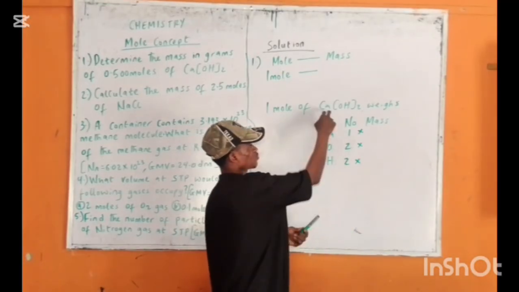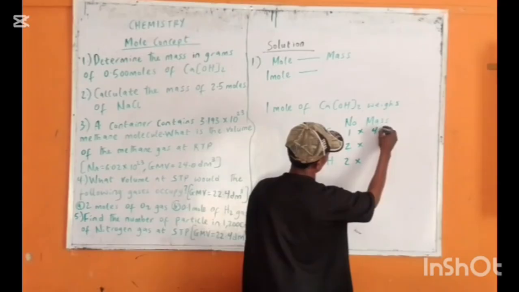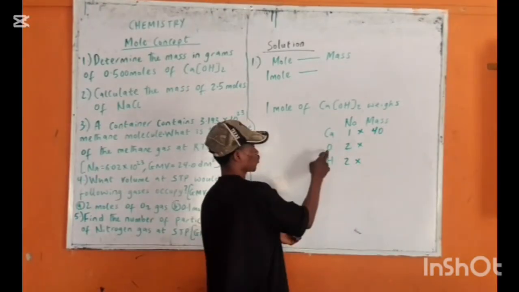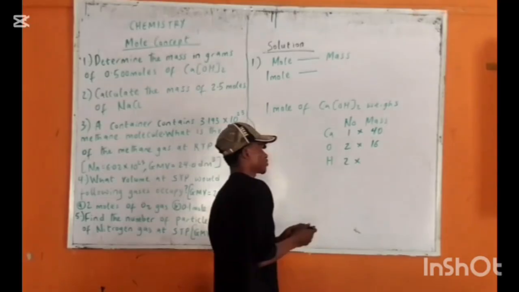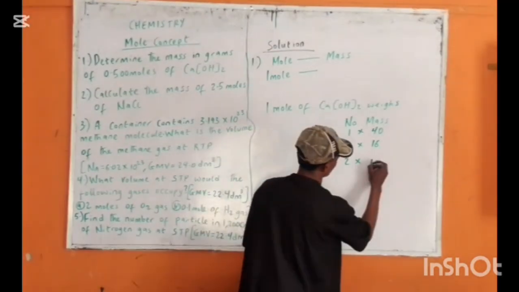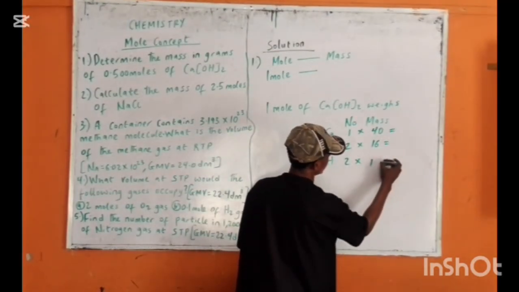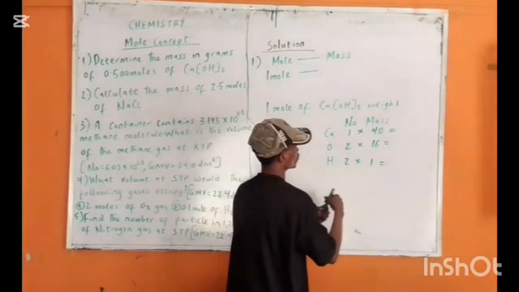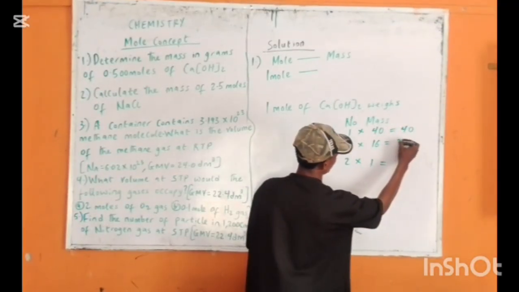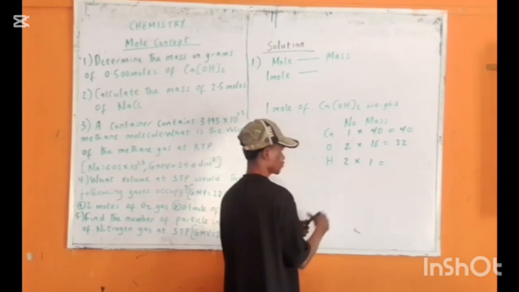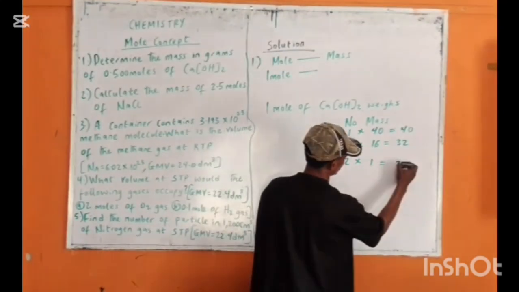What's the mass of calcium? 40. What's the mass of oxygen? 16. And what's the mass of hydrogen? 1. 1 times 40, we have 40. 2 times 16, we have 32. 2 times 1, we have 2.